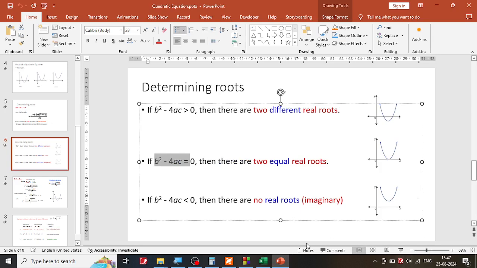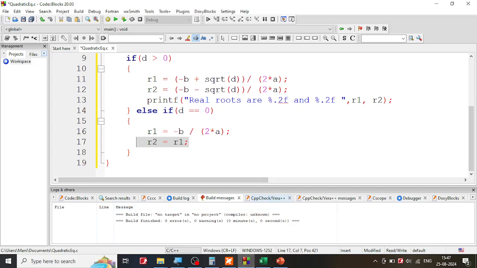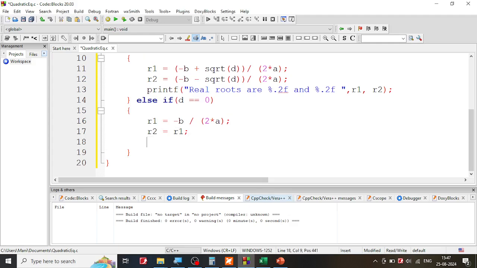So this is what I'm going to write here. R2 is equal to R1. That means R1 and R2 are the same values. Let me use a printf statement. What we can say over here: these are equal roots, so I'm going to say equal.